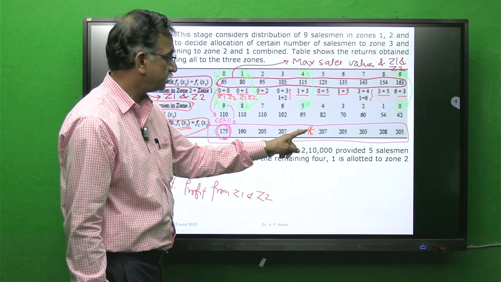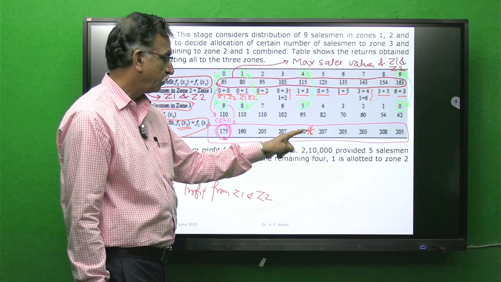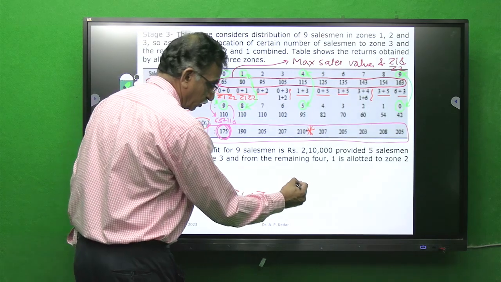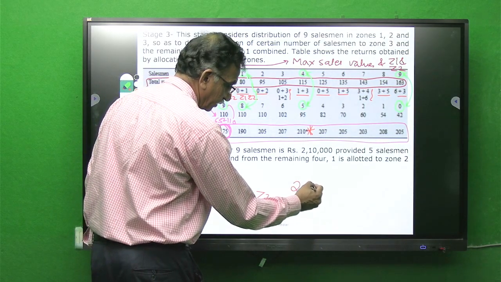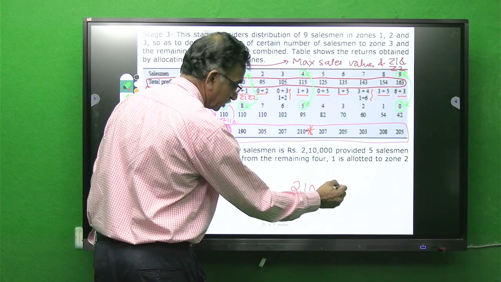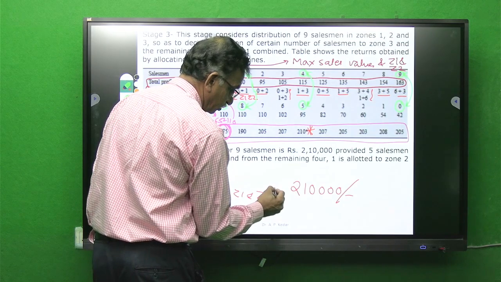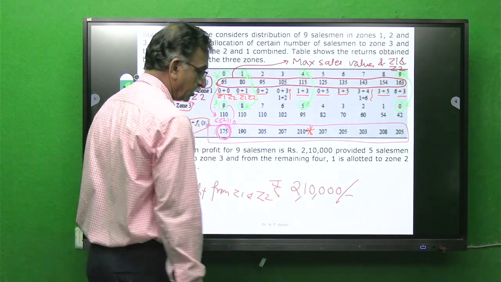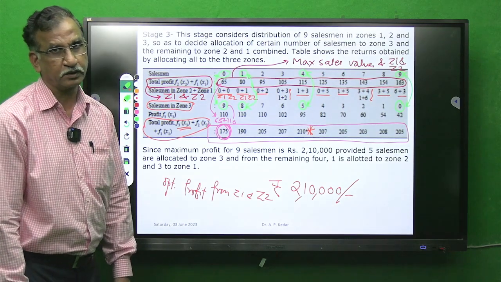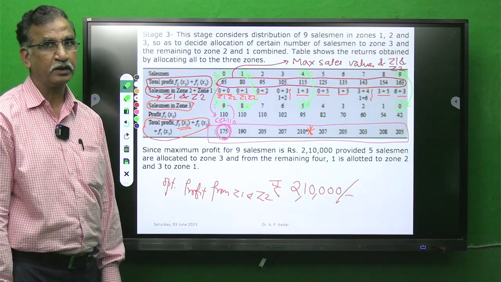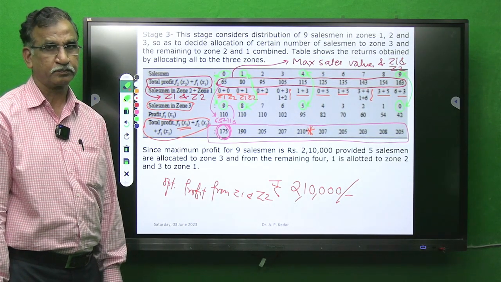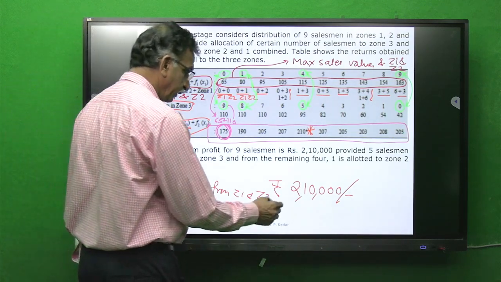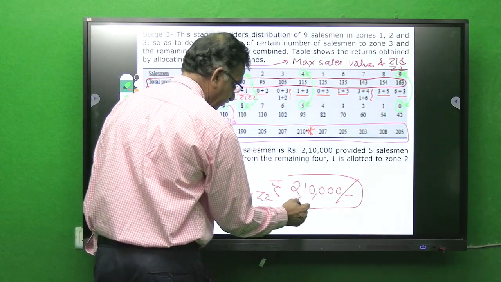So I have star marked 210. Now it is 210 in thousands of rupees. So the total sales is 2,10,000 rupees. Got it? Now we have to find the division for this.